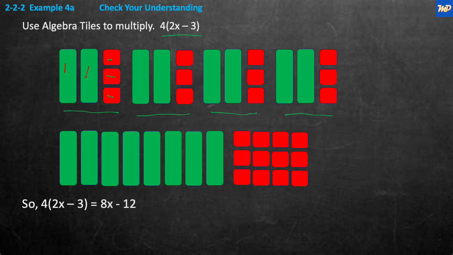Okay, so when we put them together, using our knowledge of the distributive properties, we're going to see right here that it comes back right away as 1, 2, 3, 4, 5, 6, 7, and 8 x's, which it shows down here, 8 x's, and minus 12.